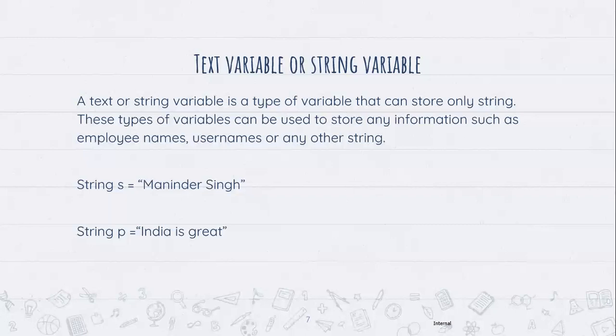So whatever you store inside double quotes becomes a string variable. If you want to define it, first you need to define the type, like String, then the variable name, s is equal to, and then the value. So this is the first common variable which you use.